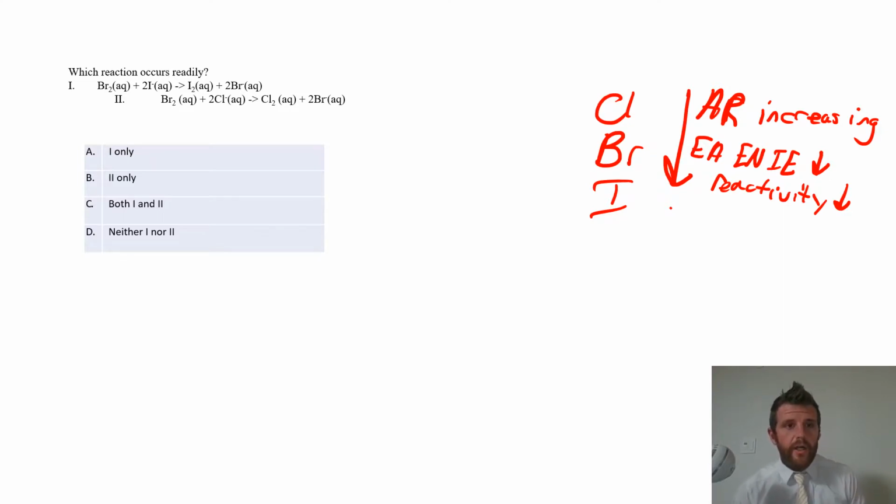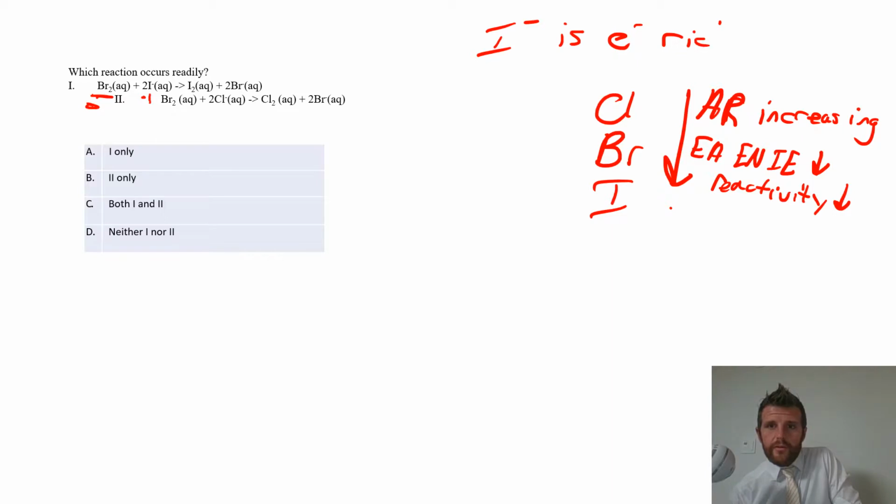So anyways, what I'm seeing here is bromine has an oxidation state of 0 and iodine has an oxidation state of -1. And so do we think bromine would have the ability, the power, to be able to remove electrons from an electron-rich I-? So this is how I want us to start thinking about this. I- is electron-rich. And Br2, does it have the ability to remove an electron from I-?